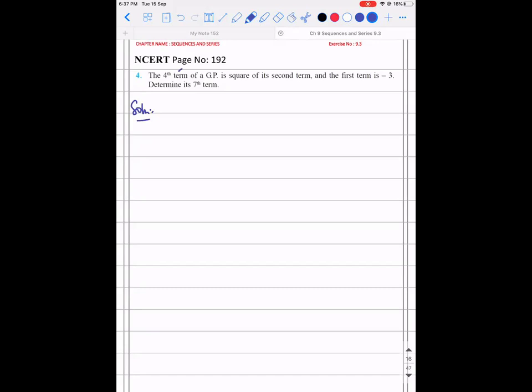The fourth term of a GP is the square of its second term, and the first term is minus 3. So given a is minus 3 and a r power 3 is equal to (ar) the whole square. To find a7.